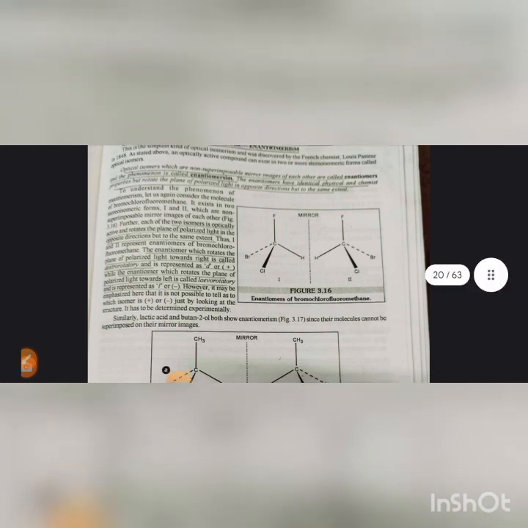The enantiomer which rotates the plane of polarized light towards the right is called dextrorotatory and is represented by a small d or a plus sign, while the one which rotates it towards the left is called levorotatory and is represented by a small l or a minus sign. However, it may be emphasized here that it is not possible to tell which isomer is dextro or levo just by looking at the structure. It has to be determined experimentally.